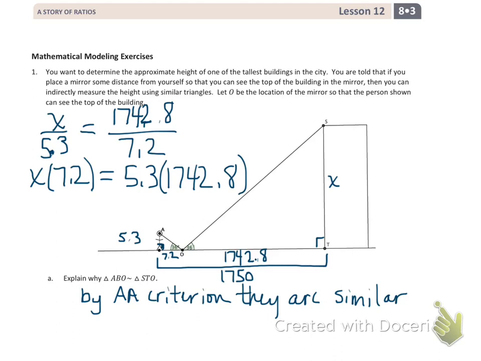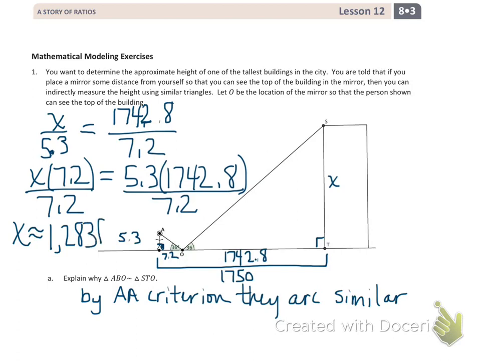Solving that equation by dividing by 7.2, I get x approximately equal to 1,283 feet.